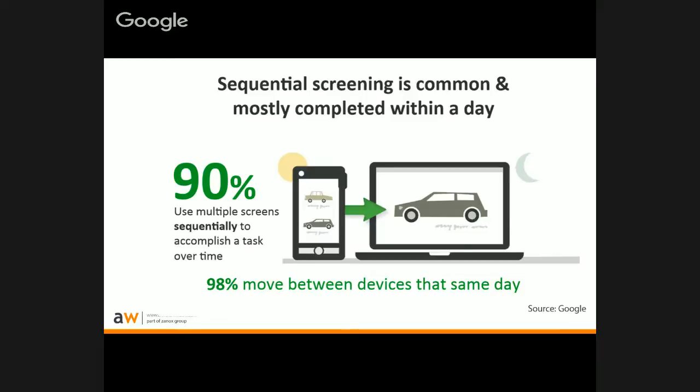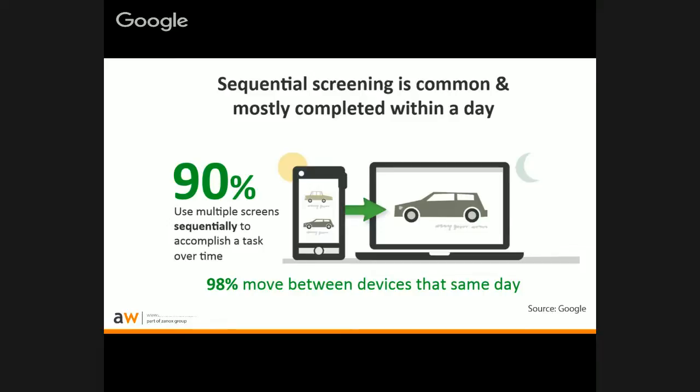Of internet users today, Google tells us that 90% use multiple screens sequentially to accomplish a task. And there's a high likelihood that one of these tasks will be shopping online. When you think about that, it really hits home that if you can't track that sequential usage of devices back to the same user, you can't really track anything online at all.